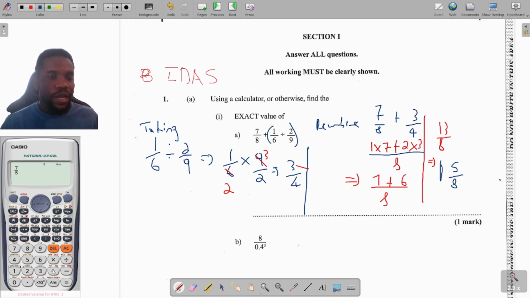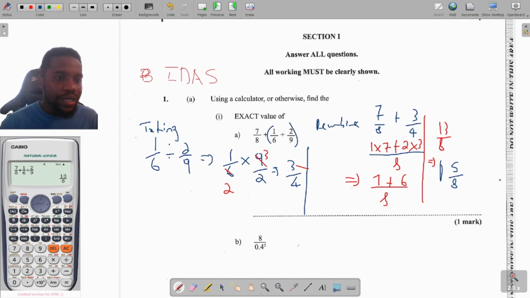Add it to, and of course the calculator is programmed to do division first, so you don't have to worry about that. So I'm going to have 1/6. And then I'm going to put divided by, of course you can press the numerator, then the fraction bar, then the denominator. I think that probably makes it easier. So you're going to have 2, fraction bar, and then press 9. Pretty good, right? And this is equal to 13/8, which is what we got.